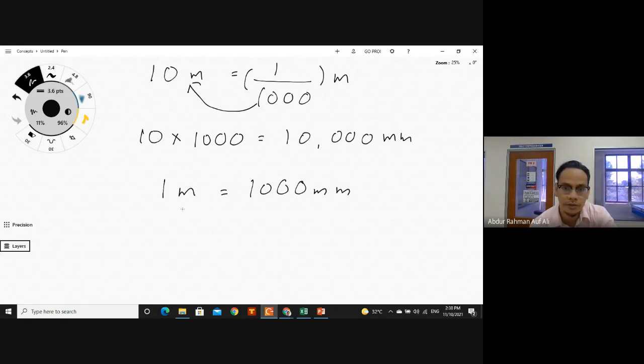Okay, so this is the conversion factor: 1 meter equals 1000 millimeters.